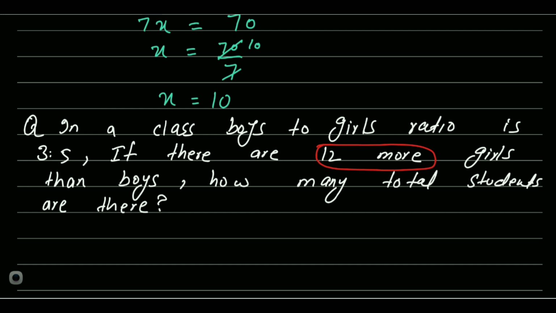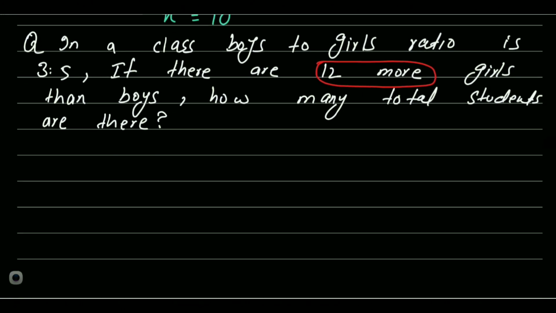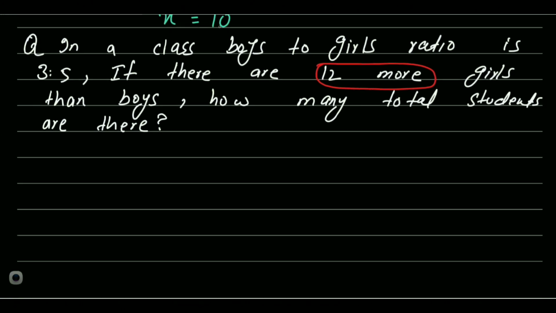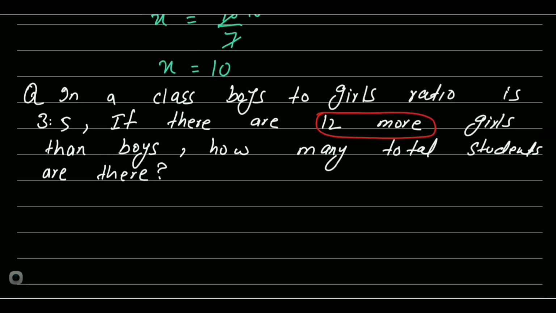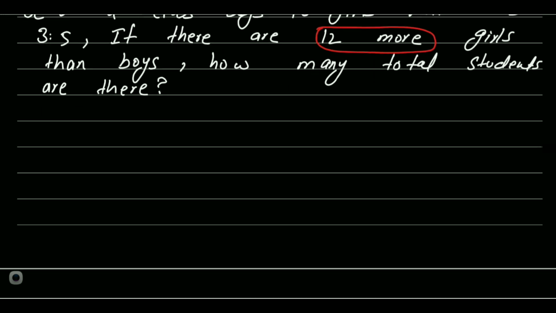If there are 12 more girls than boys, how many total students are there? So we will first of all make boxes. Parts, actual, these 4 words you have to memorize, and then given and find.